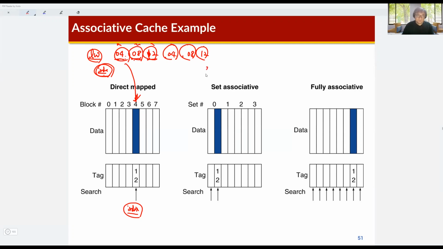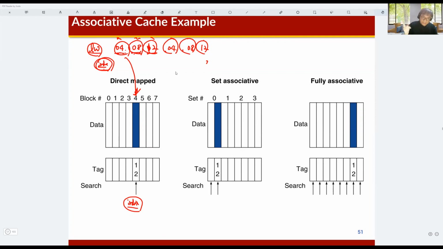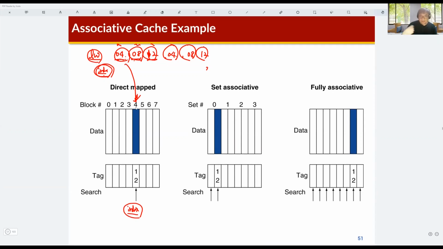For the direct mapped cache, one index stores only one cache block, and if the request sequences have the same cache indexes, then a block is allocated and evicted, and the new cache block is allocated and evicted.